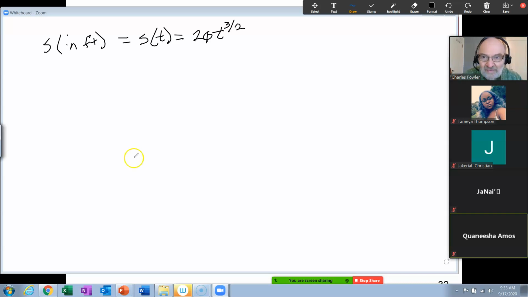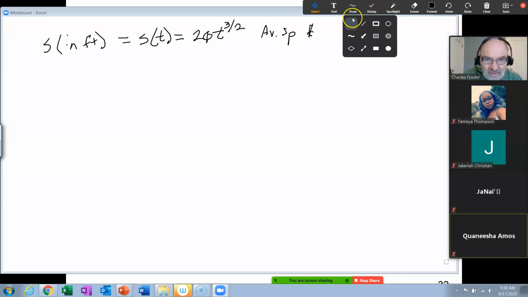What it's asking for is the average speed. Find the average speed of the car from T1 equals 0 to T2 equals 4 seconds.